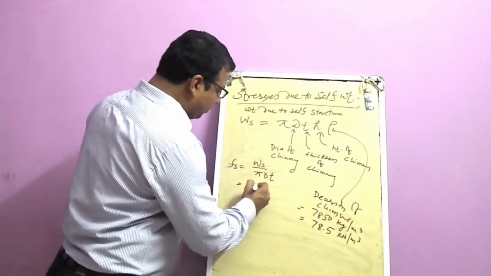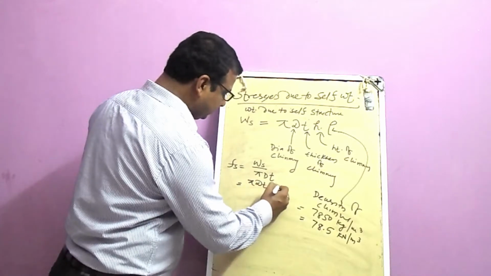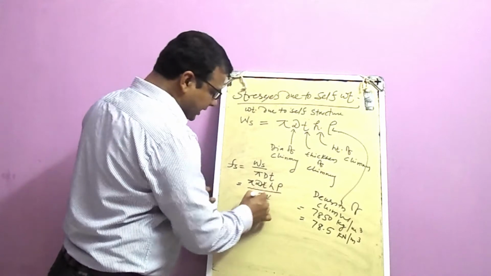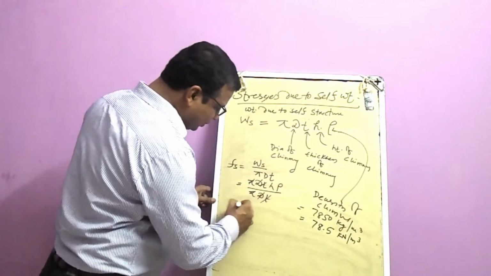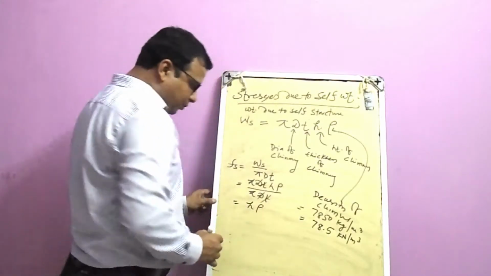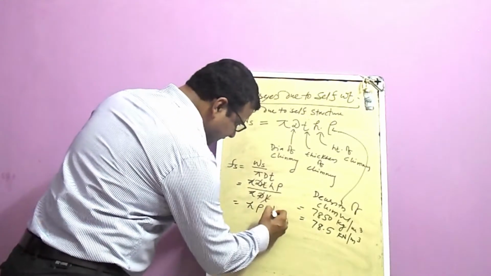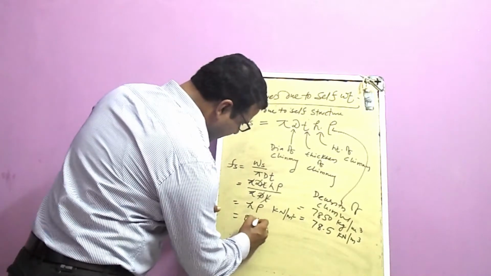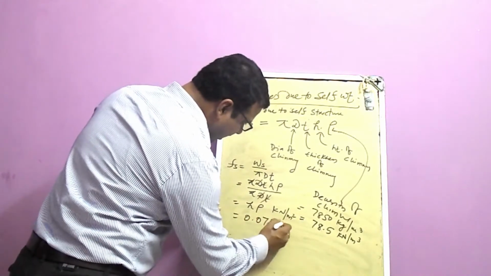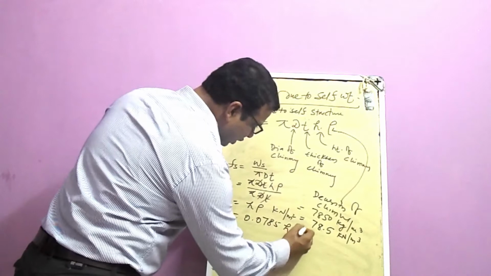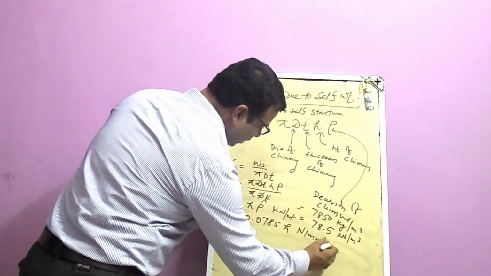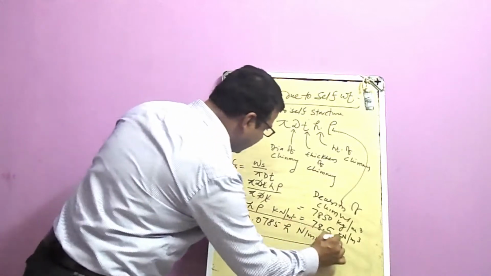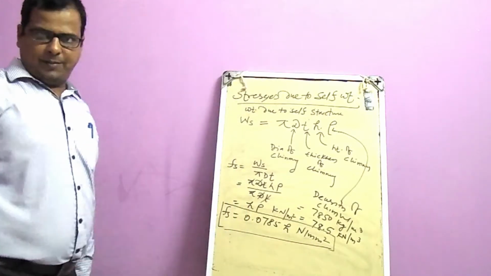So in this formula, T cancels T, D cancels D, pi cancels pi, so this will become H into rho, in kilonewton per meter square, or we can write it as 0.785 H in Newton per mm square. So this is the stresses due to the self weight of the chimney.